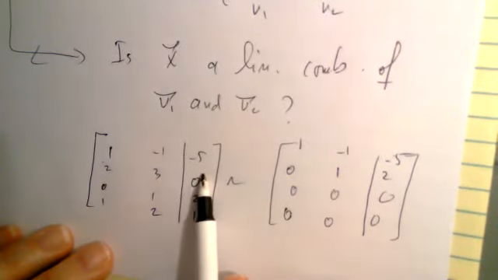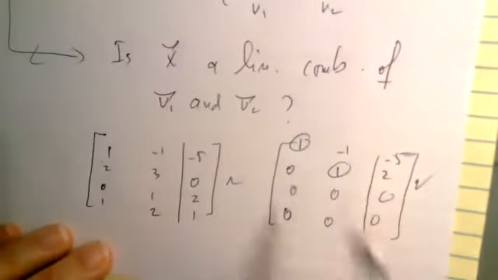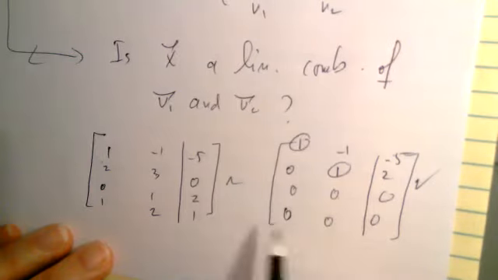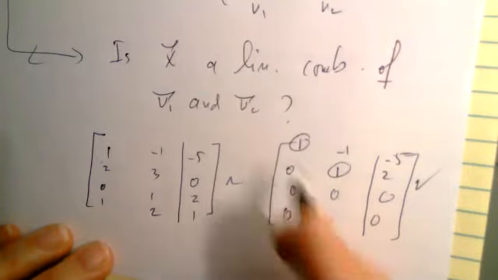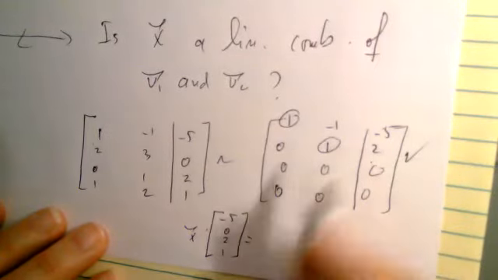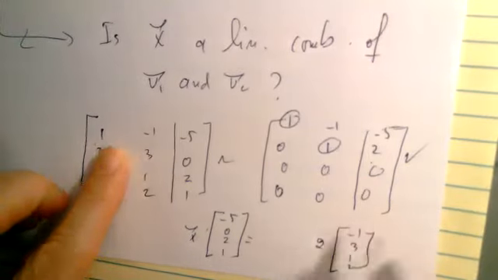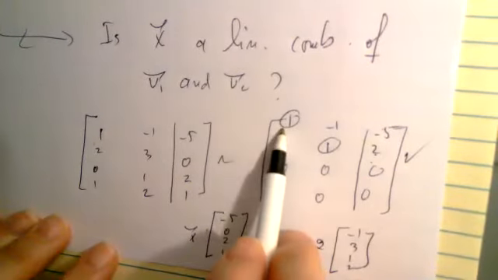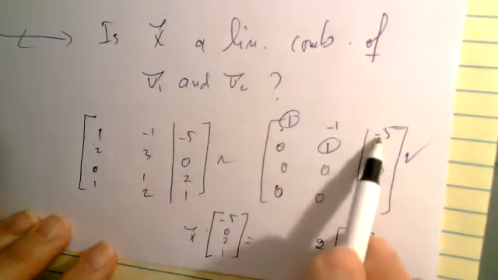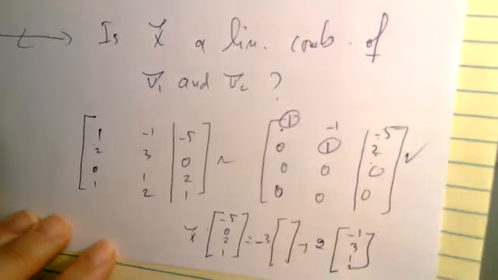So what will be the answer? Is this vector X a linear combination? Absolutely yes, because the system is consistent. I have rows of zeros. And if I solve, I get that my vector X can be written as a combination: 2 times the vector minus 1, 3, 1, 2, and if I solve for the first weight, I get minus 5 plus 2, so minus 3 times my other vector.